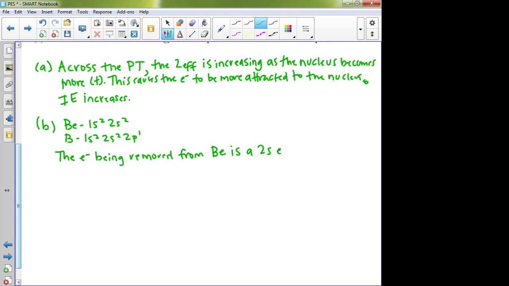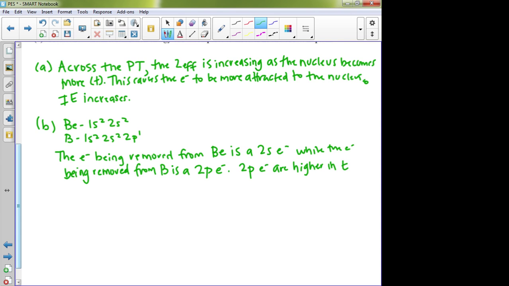is a 2s electron, while the electron being removed from boron is a 2p electron. 2p electrons are higher in energy because there is less penetration of the nucleus.